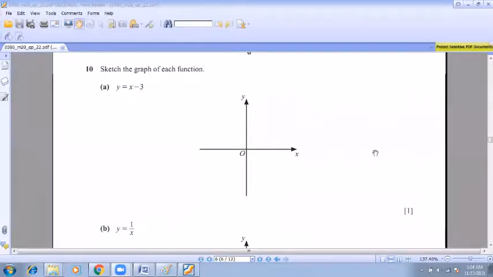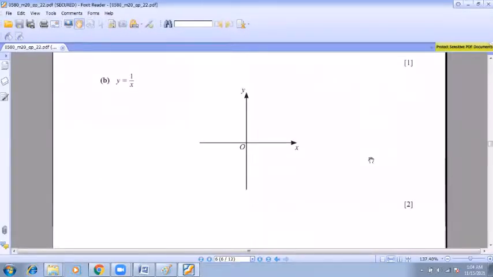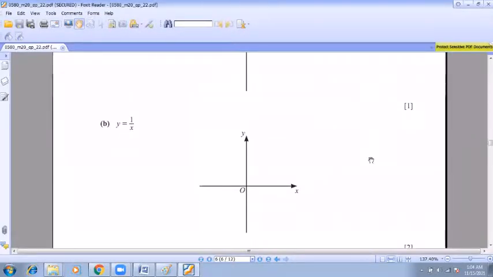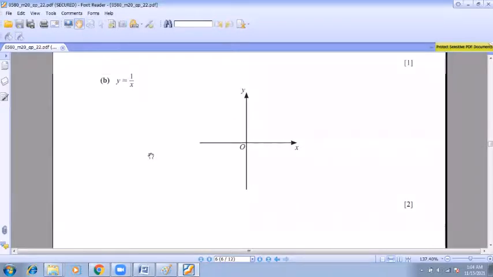Now next. This is 2. This function is hyperbolic when we have power minus, like 1 over x in reciprocal form. So we call this a hyperbolic function, and in such questions you will find two curves and it is positive.